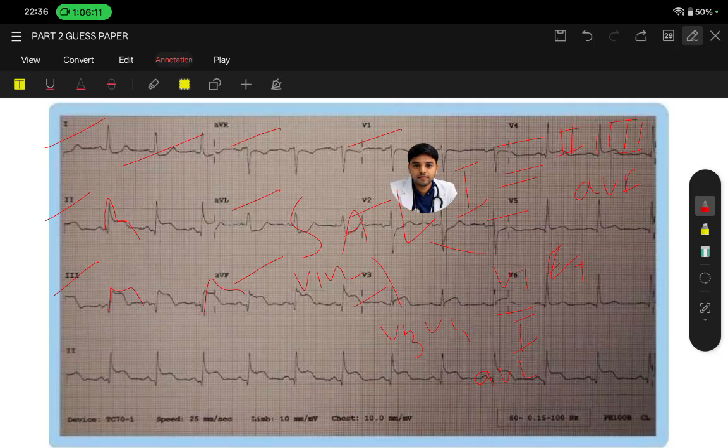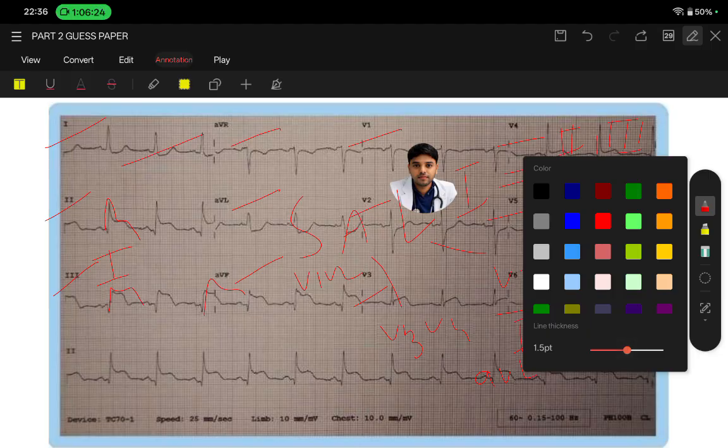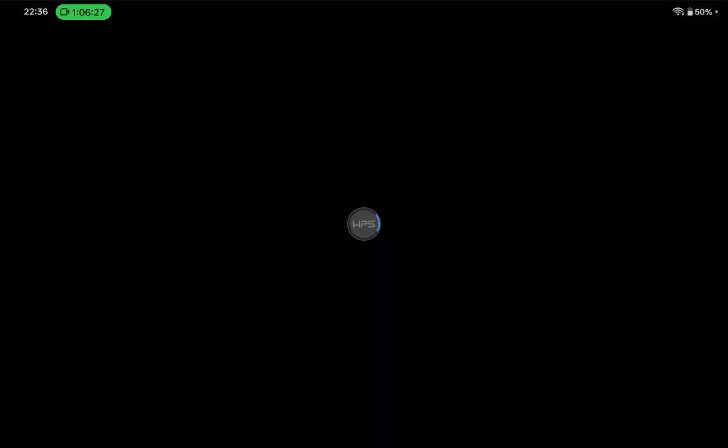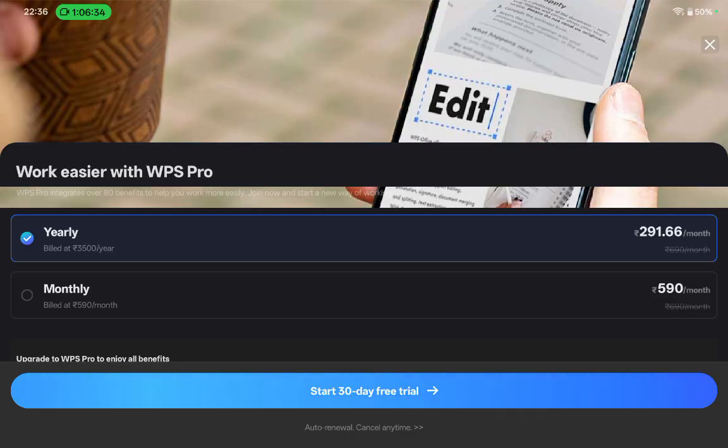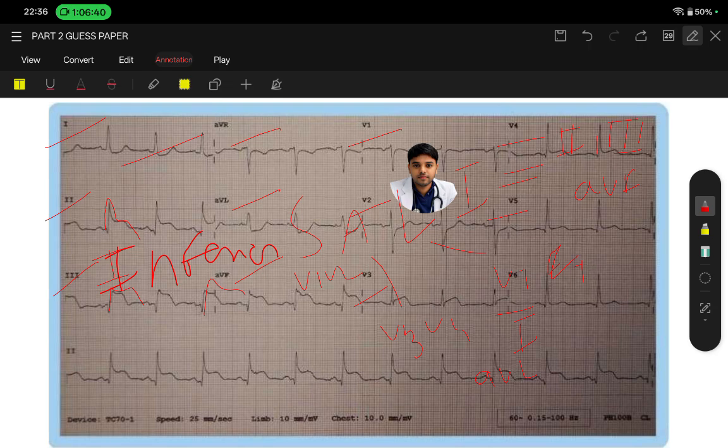So it is going to be an inferior wall MI. What artery is going to be blocked here? Inferior wall MI, the right coronary artery.